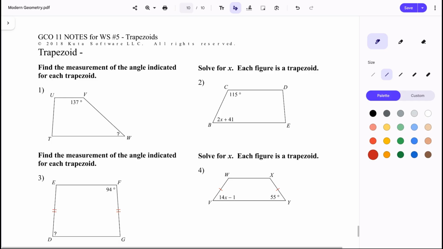So what a trapezoid technically is, is a quadrilateral with one set of parallel sides.